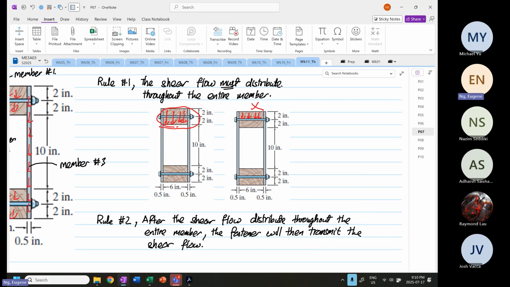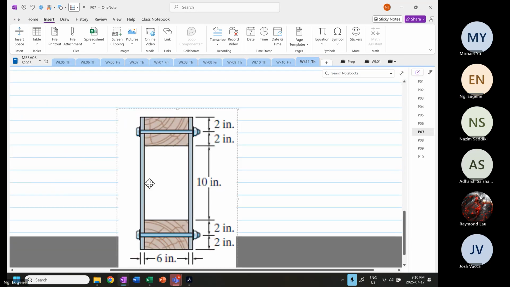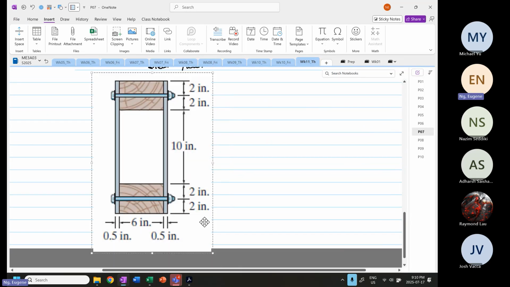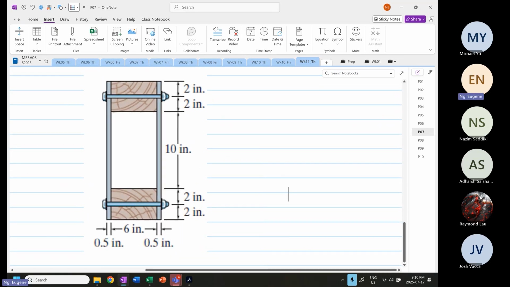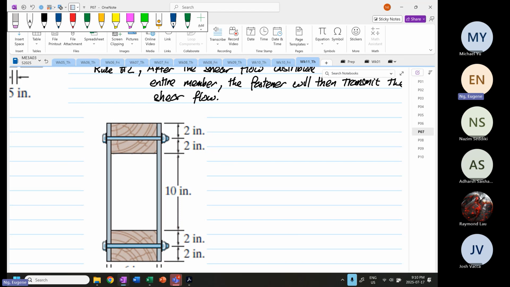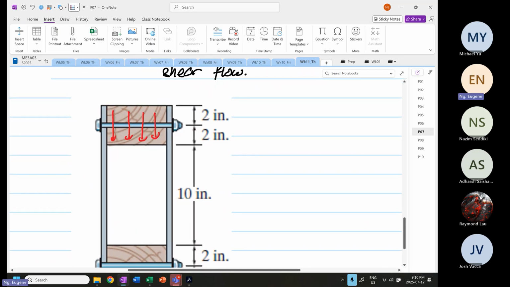So what does this mean? Let's put it at this size. Only after it distributes throughout the entire member, then it will transmit the shear flow.